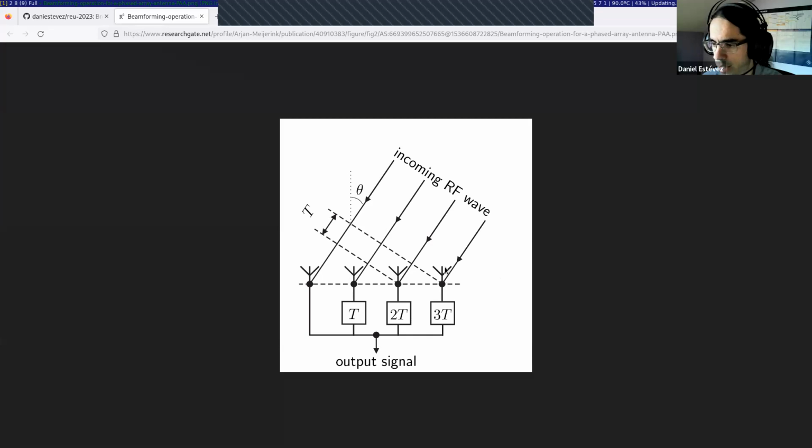In that case, t is equal to d, because first it arrives here, then it needs to cover the distance d to arrive at the second antenna, and so on. When theta equals 90 degrees, the sine of theta is 1, and then d times sine of theta is equal to d. So that's the formula.